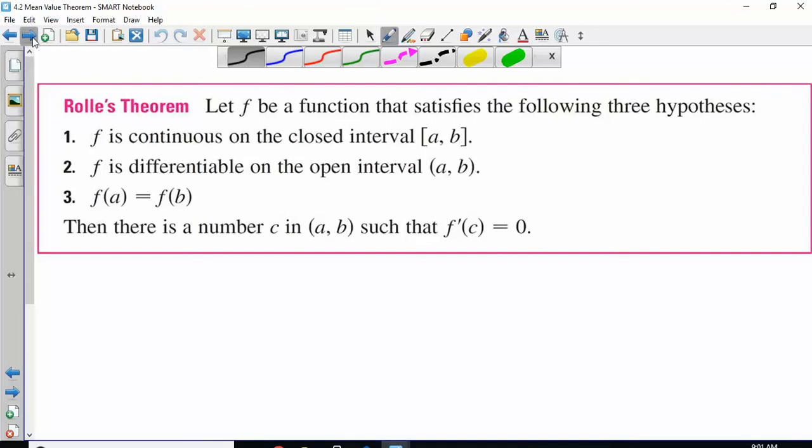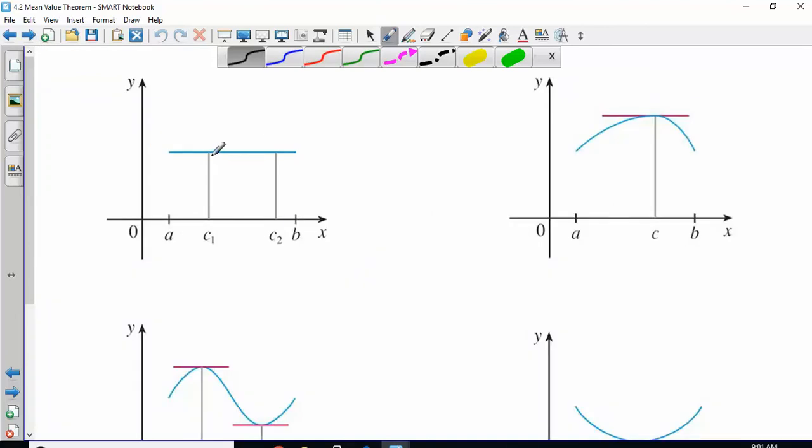To understand this, I just put some pictures on here. Okay, if I have a continuous function, so no breaks, derivative exists, so no corners, and the endpoints are equal. You could have a horizontal line, in which case every single point in that interval, the derivative would be 0. We could have something like this. It went up and came back down.